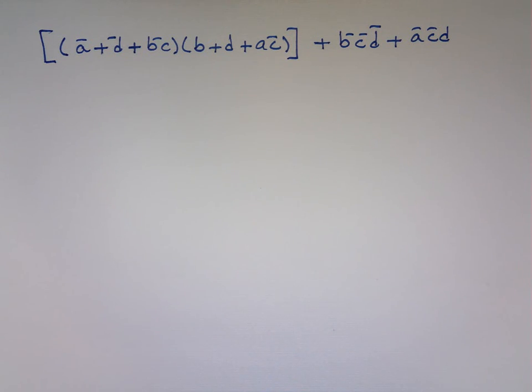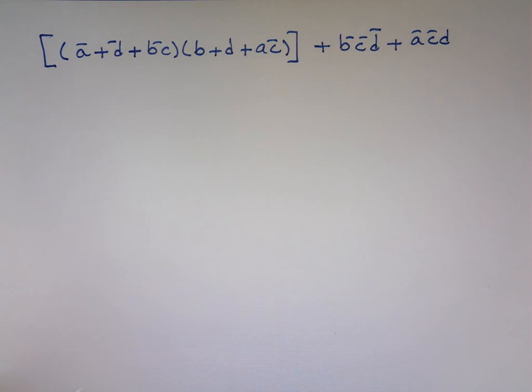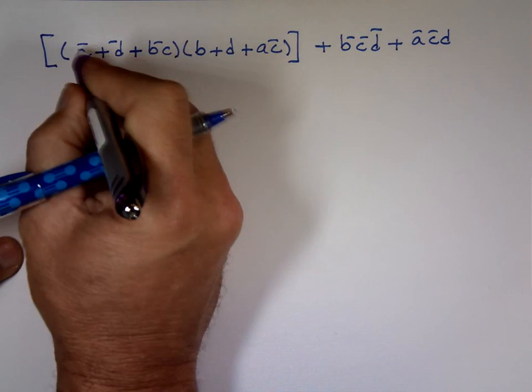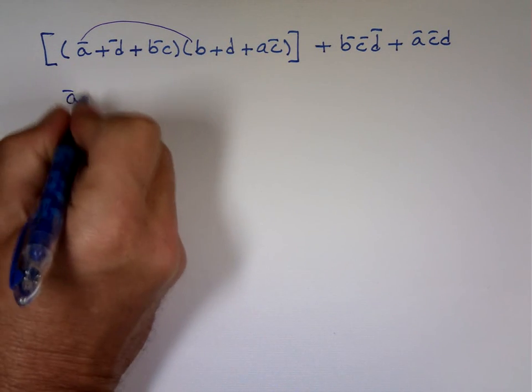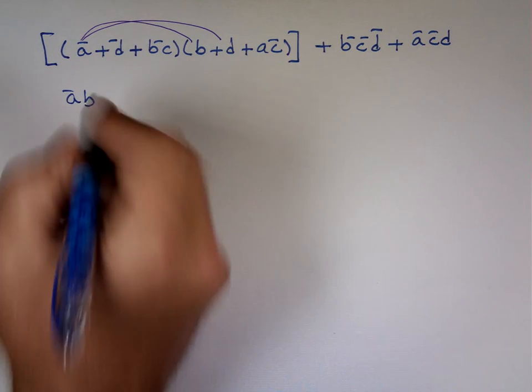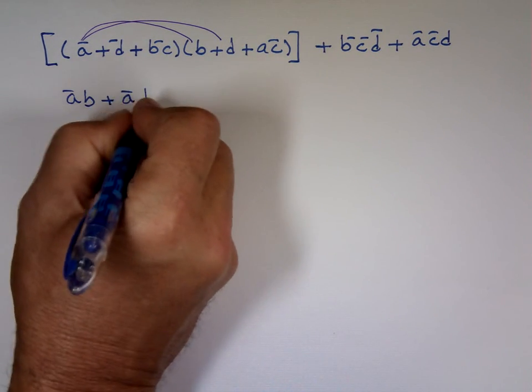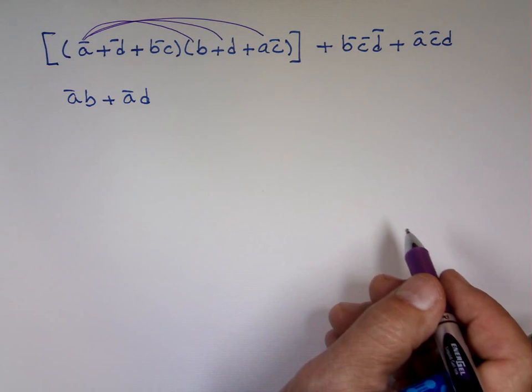Again, you're going to be adding these terms, so it might be useful to go ahead and distribute that. This will give me what? A bar B. That's what? A bar D. And this one is what? That's a 0. Why?